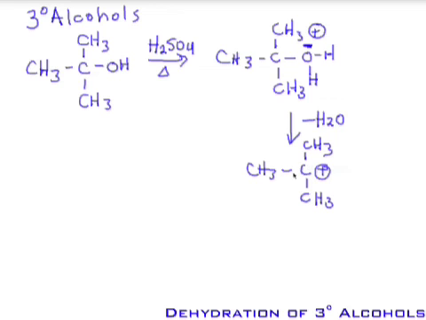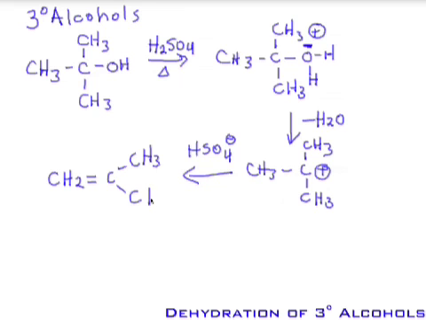Now we can pull off a beta H. All of the methyl hydrogens are beta H's. Pull an H off any one of the methyls, you get the same alkene. So my base in this case would be HSO4 minus, because the proton was added. Pulls the proton off, and we could get, for example, CH2 double bond C, CH3, CH3. Excellent.